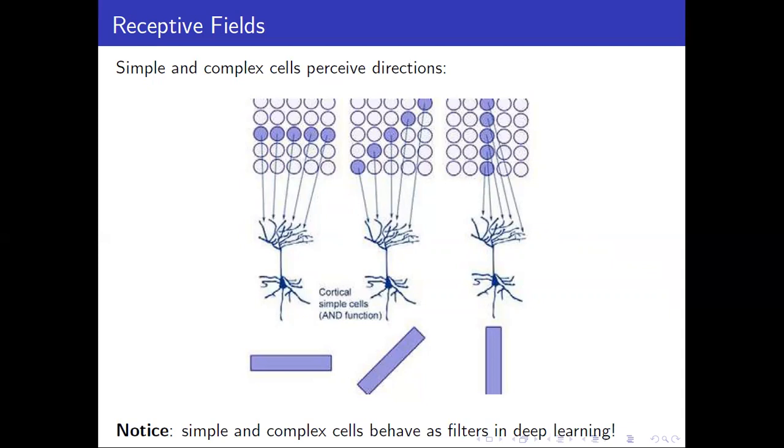I was saying you slide a filter over an image, and the filter is learned by the algorithm, and if you look at the filters, they show directions. That's actually what happens in our brain. We have cortical simple cells that somehow encode the directions, and these cells are highlighted whenever in an image we encounter that direction.